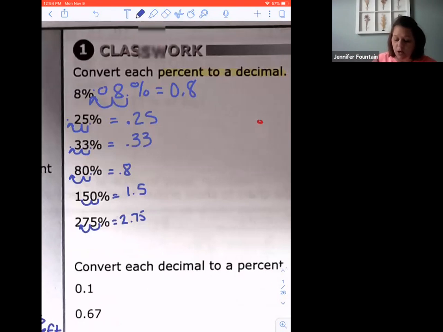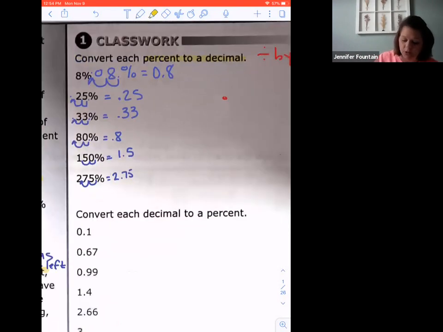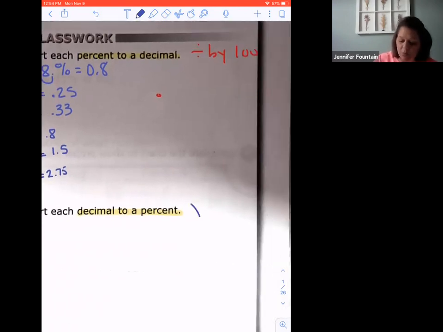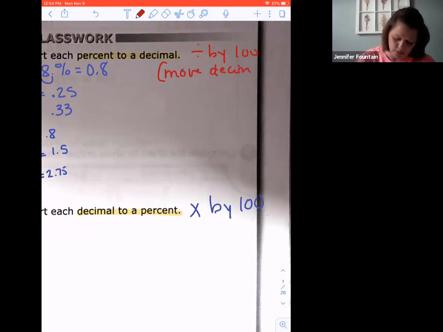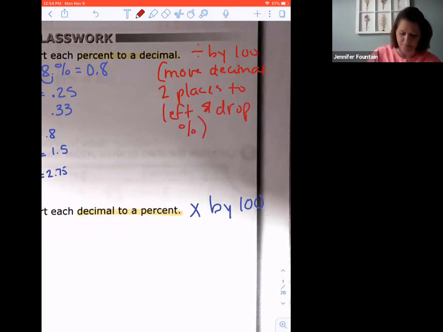All right, so now we need to go from decimal to percent, okay? So decimal to percent means I'm going to multiply by 100. And so up here, where it said divide by 100, I'm going to put in parentheses: move decimal 2 places to left and drop percent sign.